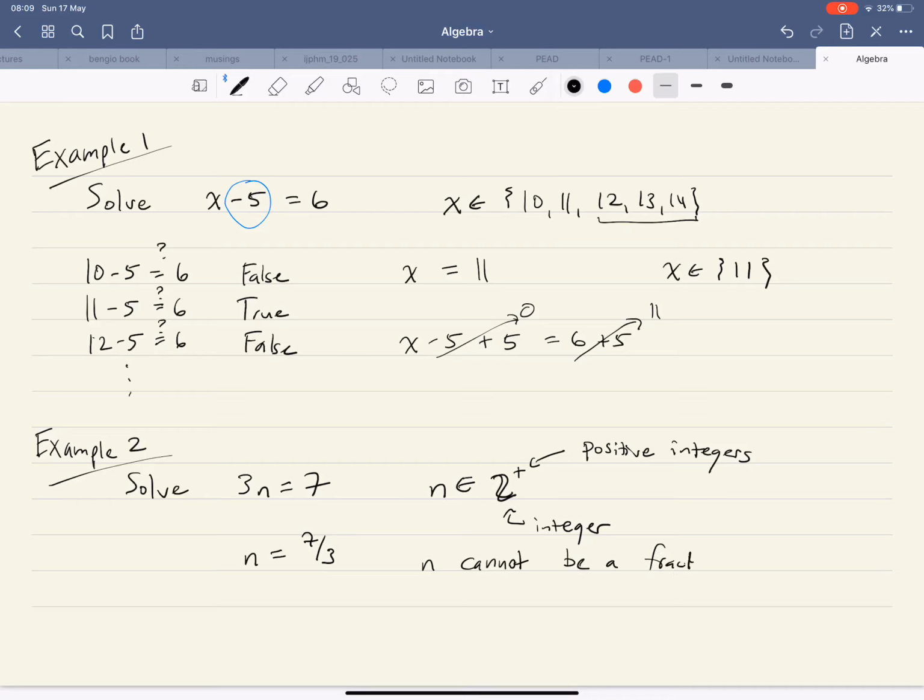Right? It has to be an integer. So there's no value for n over the domain positive integers where 3 times n can be 7. Therefore, my solution set is empty.